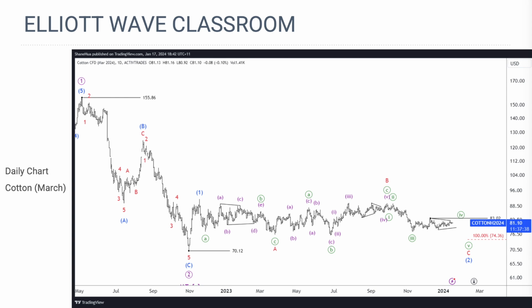Okay, so here is the analysis of cotton March 2024, and the bottom line: cotton could fall lower before rallying with the third wave. The short-term outlook shows that cotton is correcting with the fourth wave circle green, suggesting a possibility of wave 4 taking place in a triangle pattern. At least I'm seeing some signs of convergence in the internals of the triangle, and the possible target at 74.36.